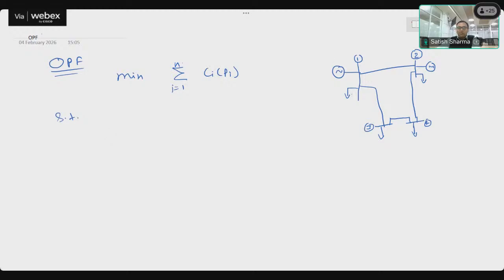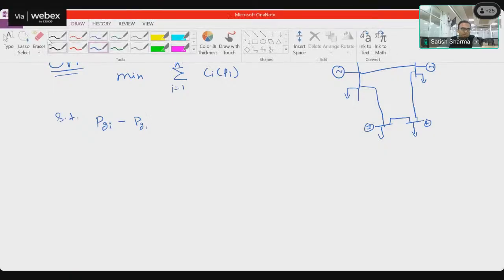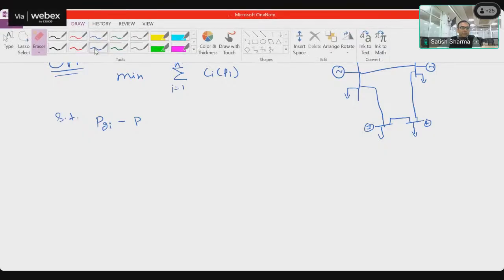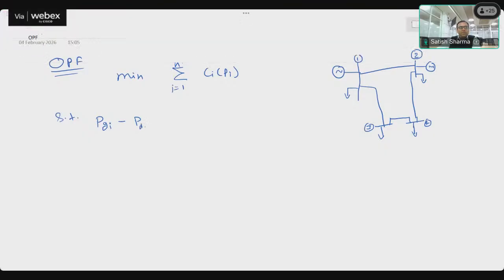If I look at node number 1, I can say in a generalized way that the power generation of the ith generator minus the power demand PD at the ith bus will be injected, a resultant injection into the grid.